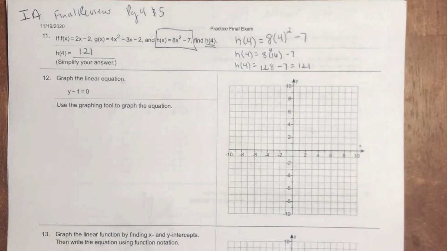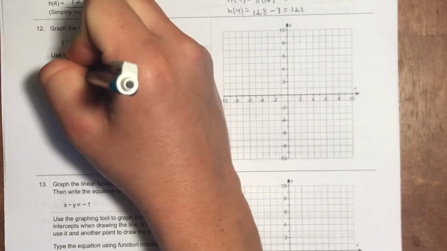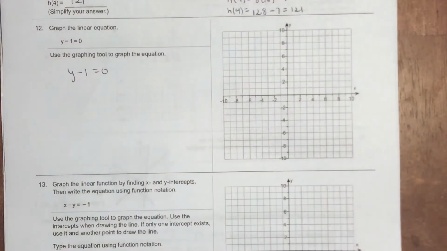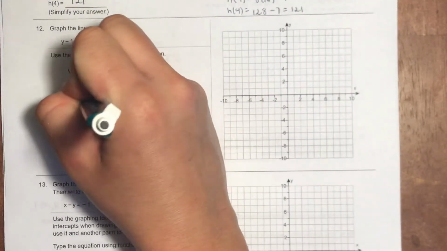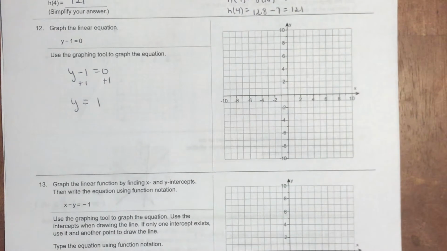All right, the next one, number 12, graph the linear equation. Okay, and then we'll use the graphing tool to graph this. So we want to graph y minus 1 is equal to 0. So in order to graph this, we'll want to solve for y. So add 1 to both sides. We get y is equal to 1. This is the equation of a horizontal line.